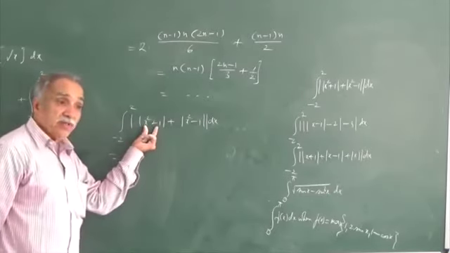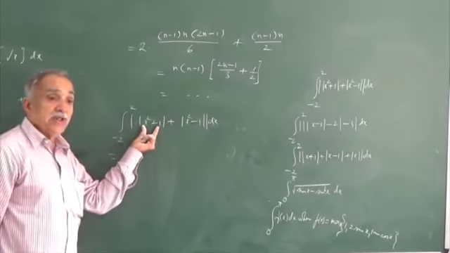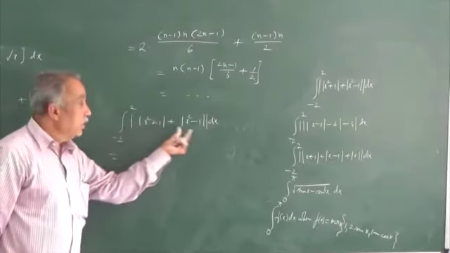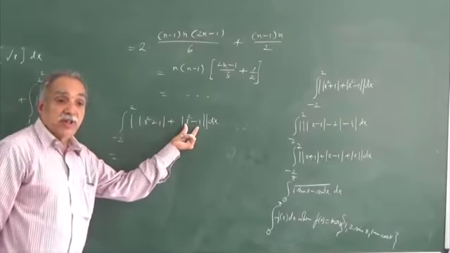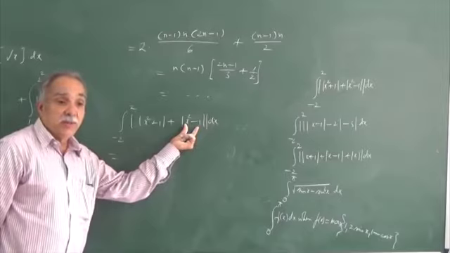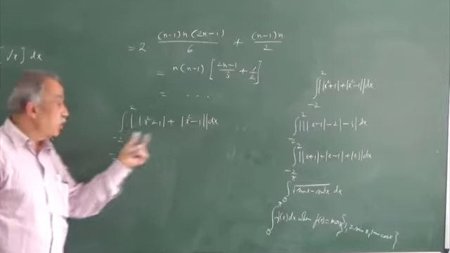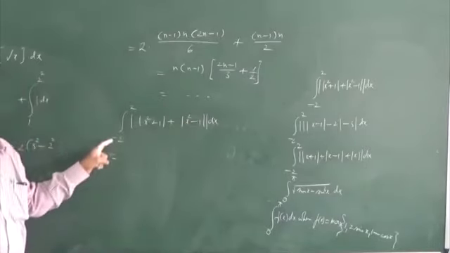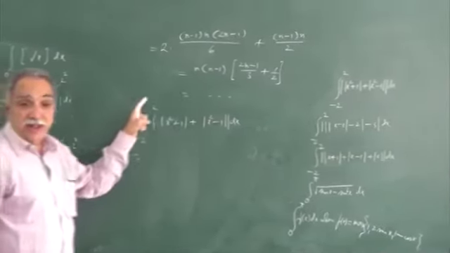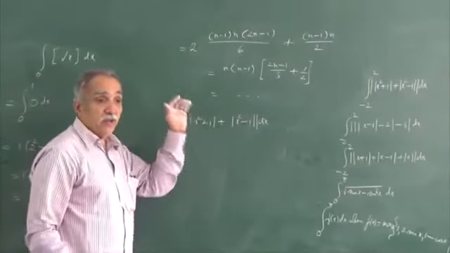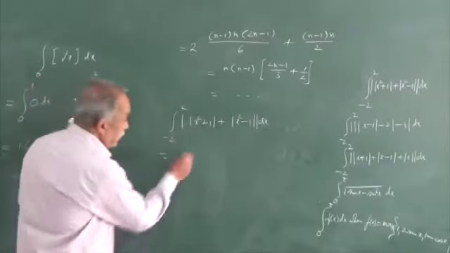This is an expression which is always positive, so modulus is always itself. This expression is an expression vanishing at plus or minus 1. Are both plus or minus 1 interior points of this interval? Yes. We first break the interval of integration at those points, plus 1, minus 1.